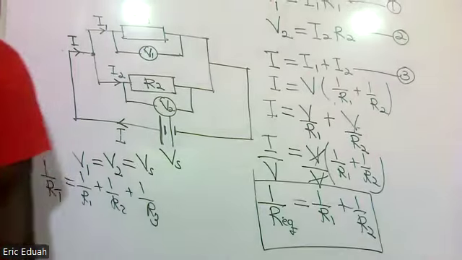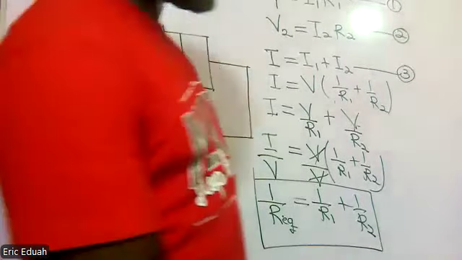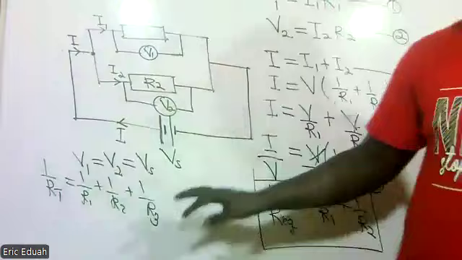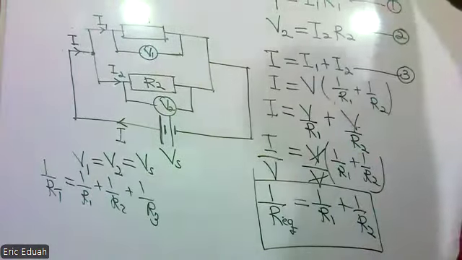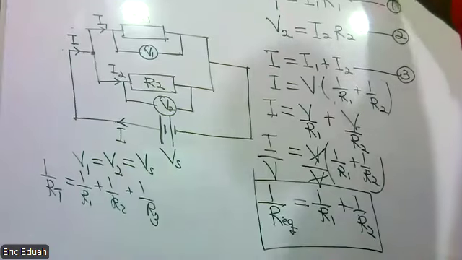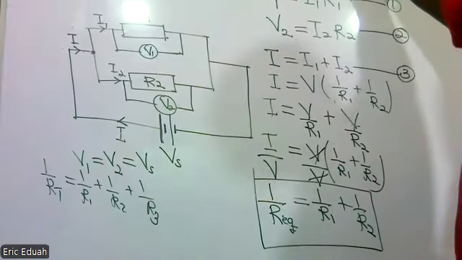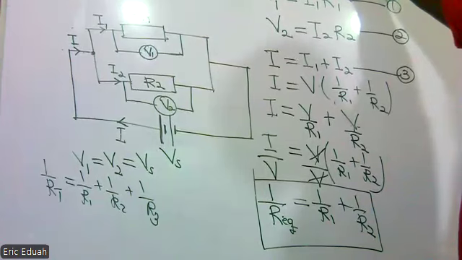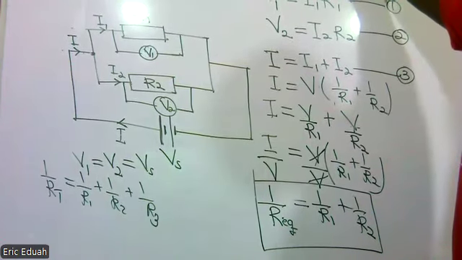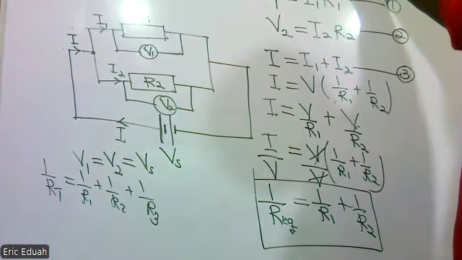Okay. Now, I said that when resistors are connected in series, the equivalent or the effective resistance is always greater than any of the individual resistances.